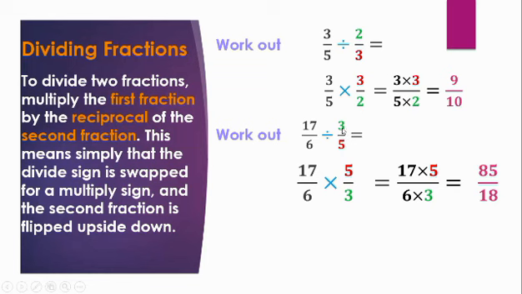So instead of 3 over 5, it becomes 5 over 3. Now multiply 17 times 5 equals 85, and 6 times 3 equals 18. For more simplification, if you divide by long division, 85 over 18, you will get the mixed number 4 and 13 over 18. Thank you.